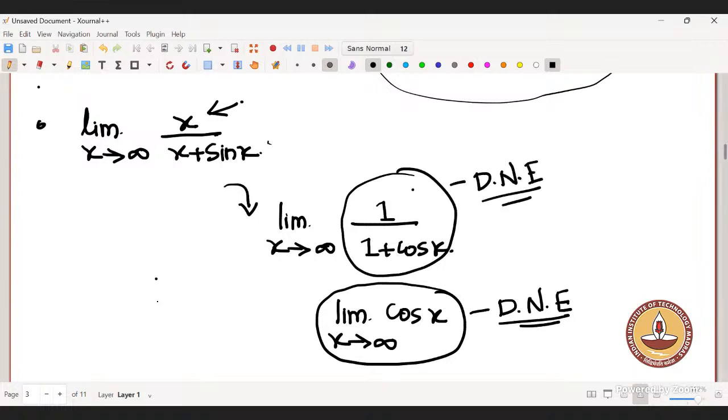So if this limit doesn't exist, that means you cannot apply L'Hopital's rule directly to get the limit. It's not only about the indeterminate form.